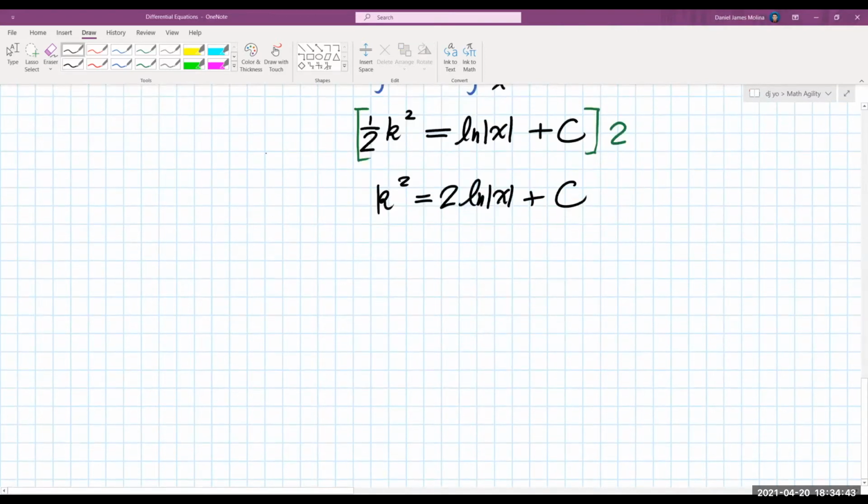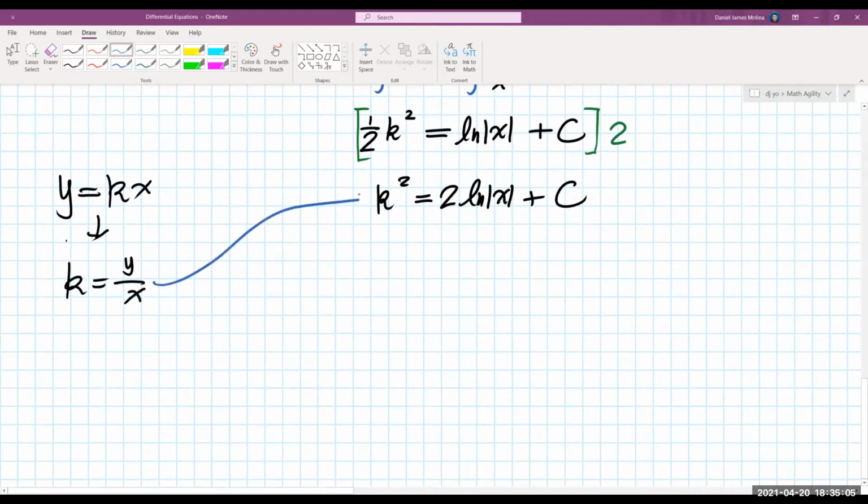But we have a while ago our substitution y is equal to kx. Since our original differential equation is in terms of x and y, we also have to express our final answer in terms of x and y. So solving here for k, we have y over x.